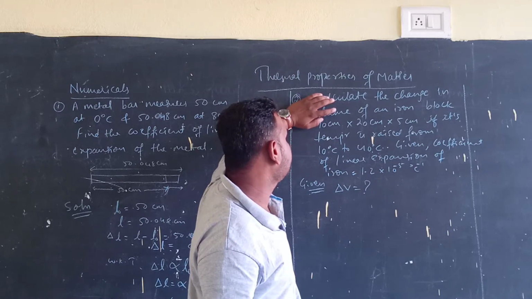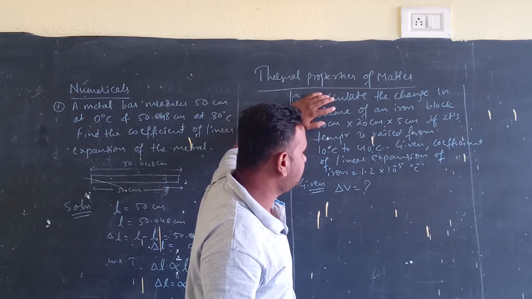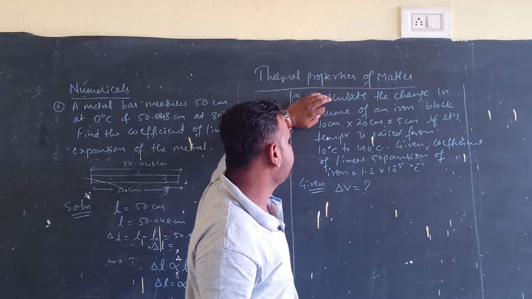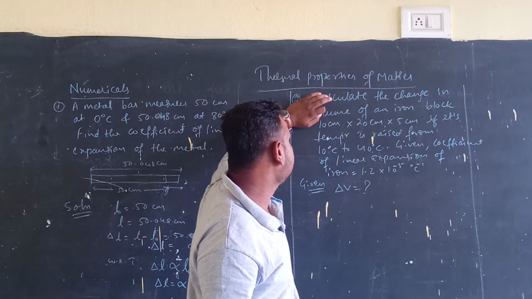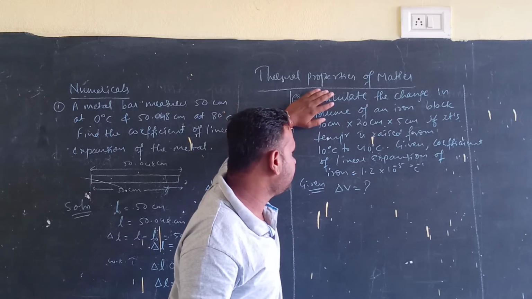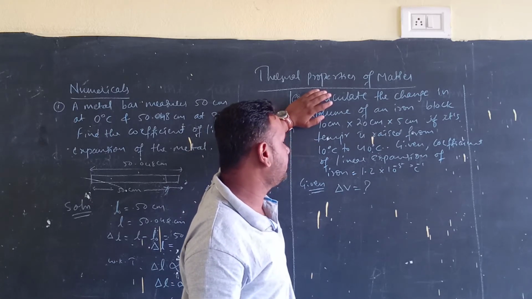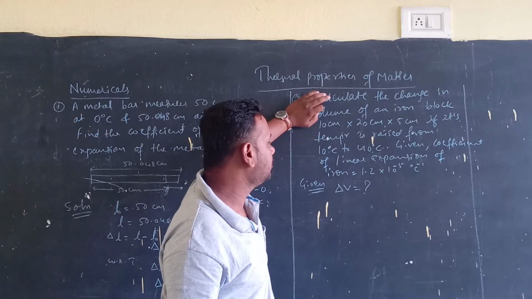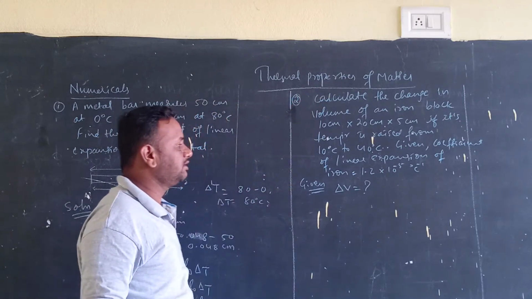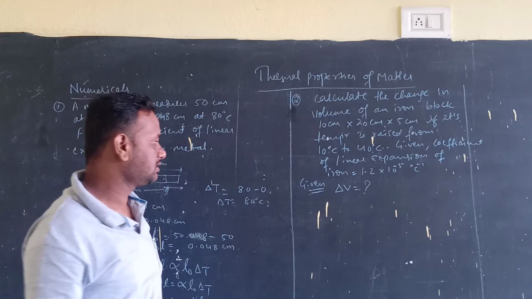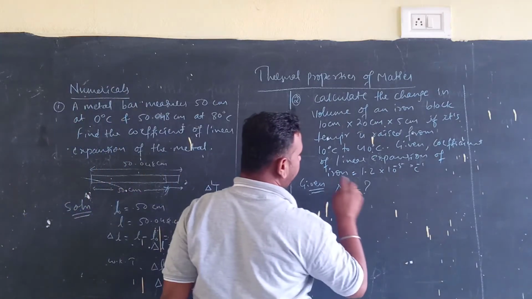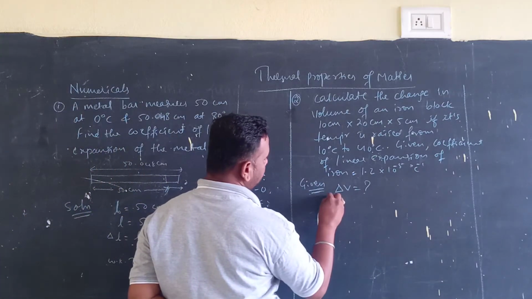The iron block measures 10 centimeter into 20 centimeter into 5 centimeter. If its temperature is raised from 10 degrees Celsius to 40 degrees Celsius, given the coefficient of linear expansion of iron is 1.2 into 10 to the power minus 5 per degree Celsius. Now the change in volume we have to calculate. What is the given data?